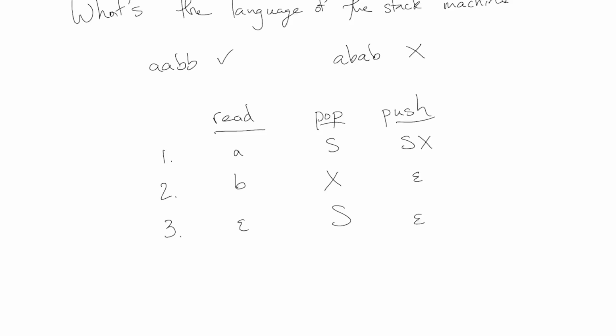What do you think? Is it that there has to be a bunch of A's and a bunch of B's? Yeah, this is a good idea. I think this is not quite the full answer, but the string definitely needs to have A's at the beginning and B's at the end. That's because, if you recall, the derivation, the first one that we tested out was AABB and S, right? The first A pops the S and replaces it with SX, and then the next A did it again.